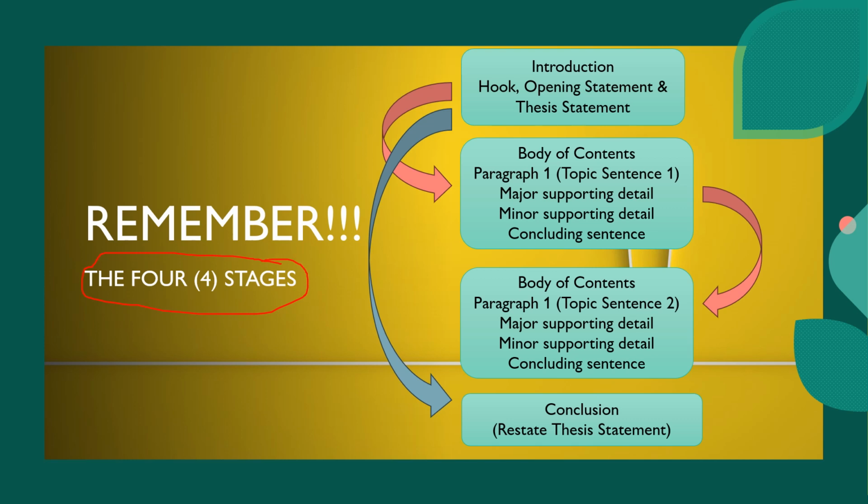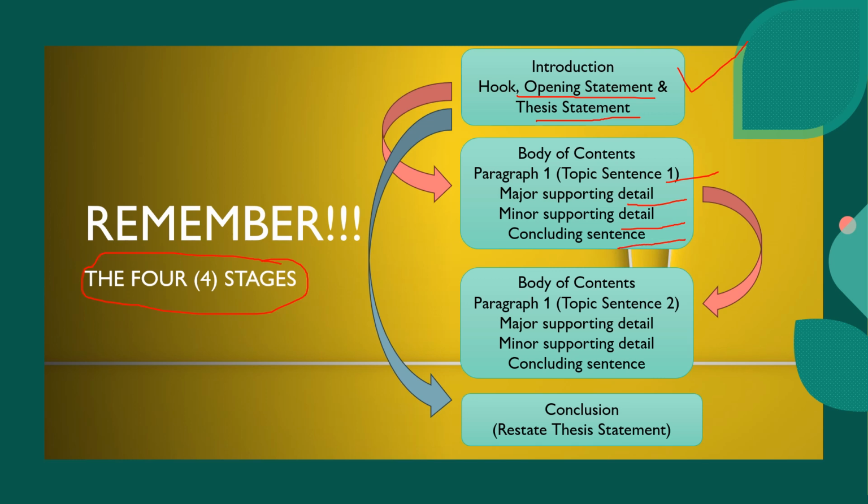So the first one, as you have learned before, in the first paragraph, you need to write an introduction. In your introduction, you need to have the hook, opening statement, and also your specific thesis statement. And in the second paragraph, you need to write 1 topic sentence, 1 major supporting detail, 1 minor supporting detail, and also the concluding sentence.